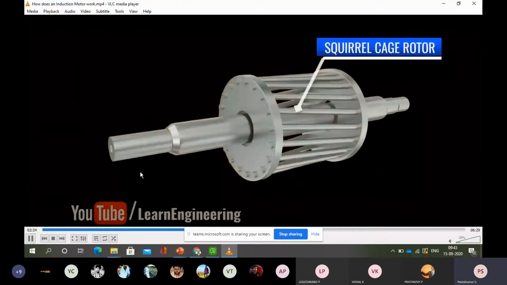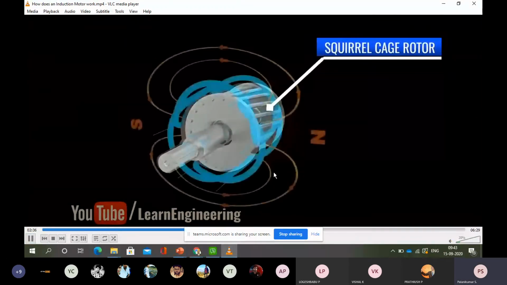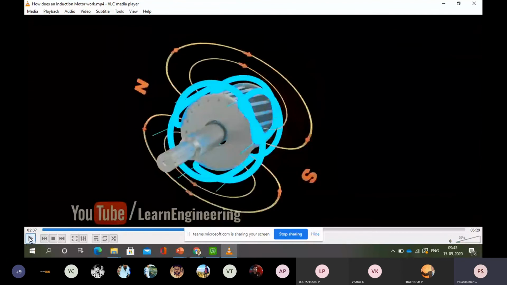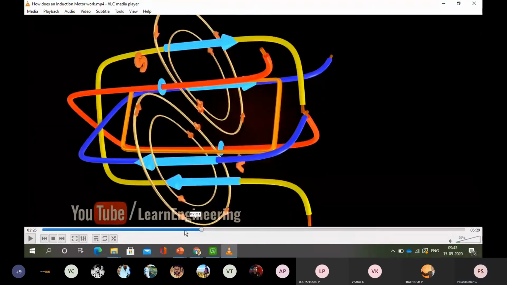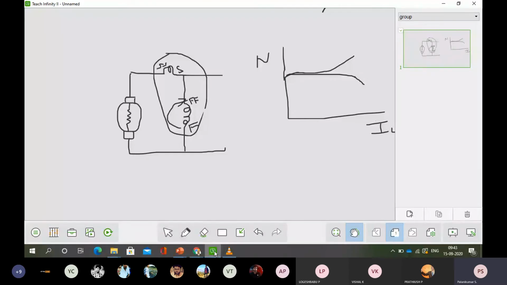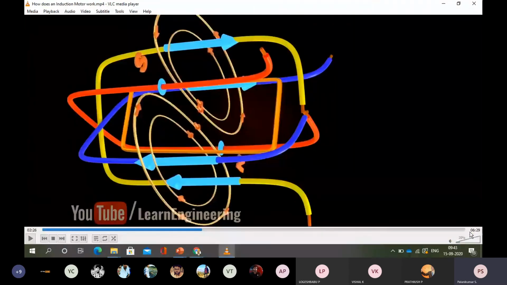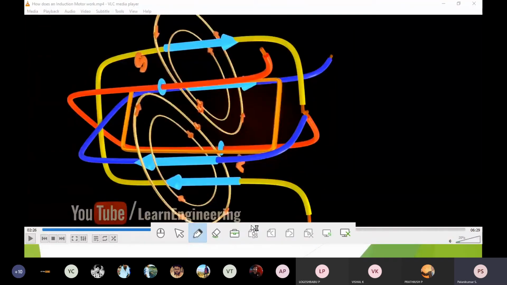Now I think you are able to visualize what is happening. Whenever we have three different coils, they will be energized by three different phases.